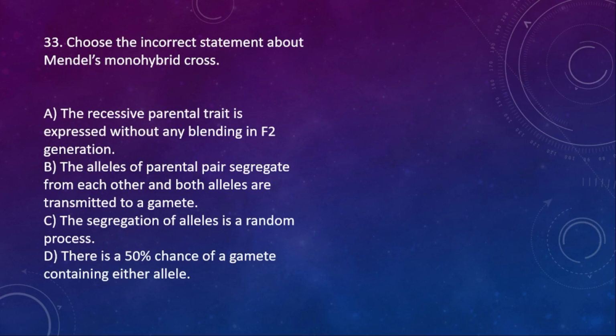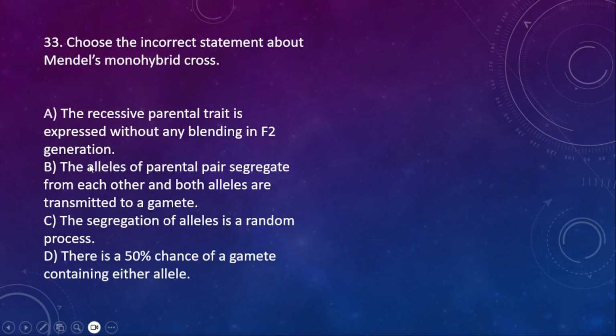33rd question. Choose the incorrect statement about Mendel's monohybrid cross. Option A. Recessive parent's trait is expressed without any blending in the F2 generation.